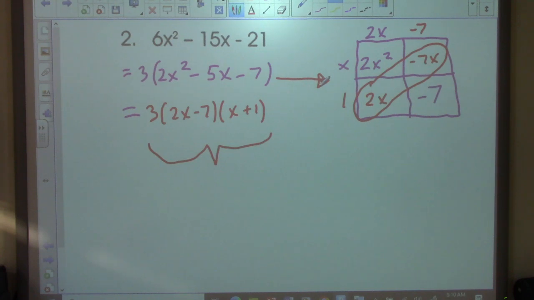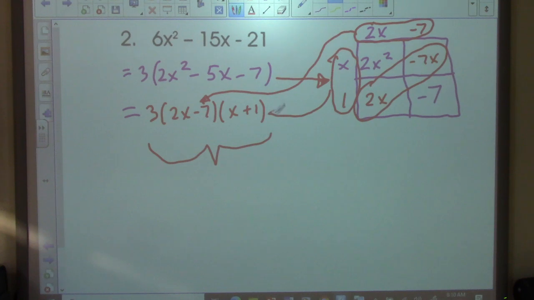What did you say? Are you using the outside, like 2x minus 7 and then... Yeah, the factors. These are the factors. When we factored, we have this as a factor. So this one here will go right here, and x plus 1 will go. All right?